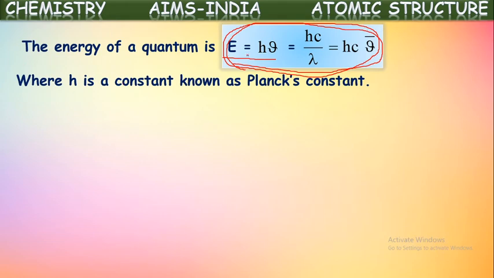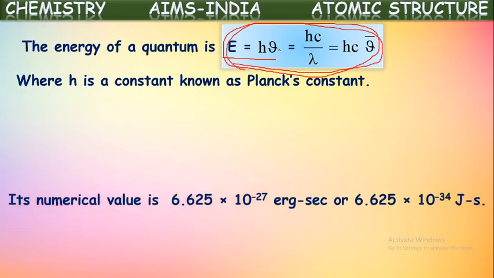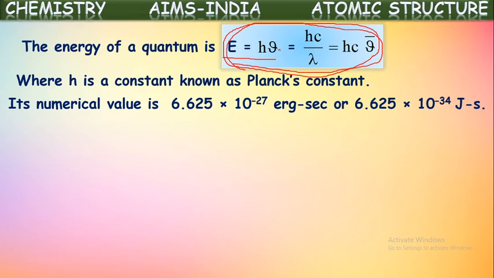See here, E is directly proportional to nu; to remove the proportionality, a constant h is introduced, which is called Planck's constant. Its numerical value is 6.625 x 10^-27 erg second, or 6.625 x 10^-34 joule second.